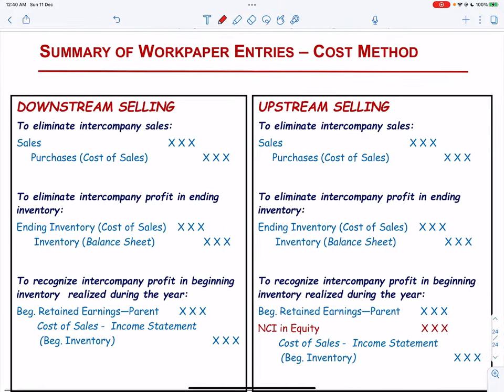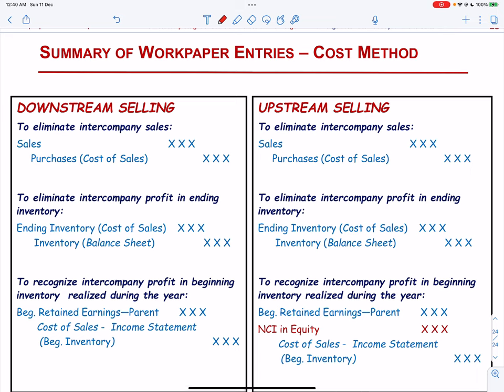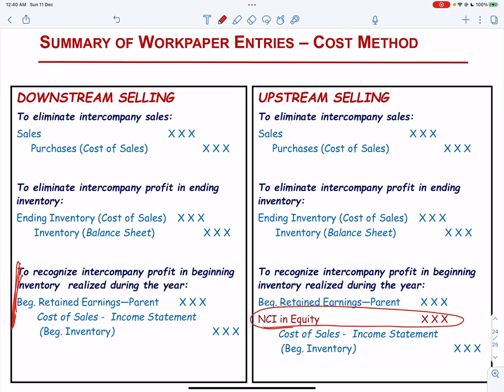I have put the summary of the work paper entries for the cost method, and you can see that the only difference is in the third transaction to recognize intercompany profit in the beginning inventory, where we add up the non-controlling interest in the equity as well in the case of upstream sales. So this completes the problems on elimination of unrealized profit on intercompany sales of inventory.